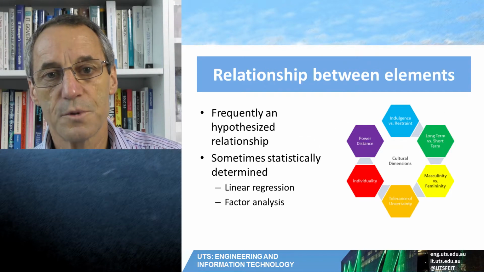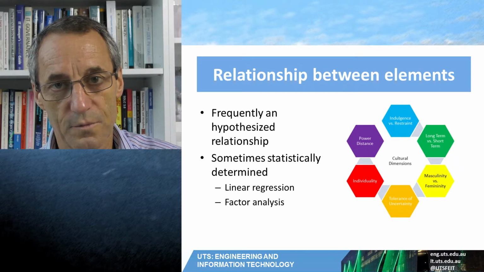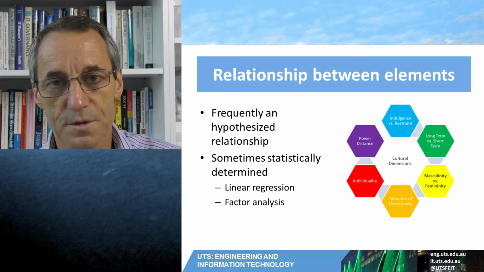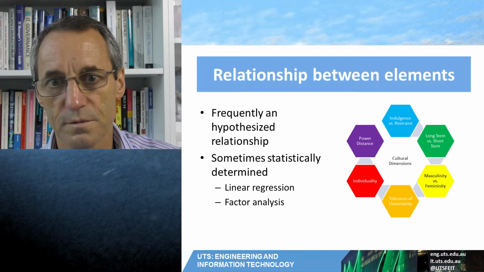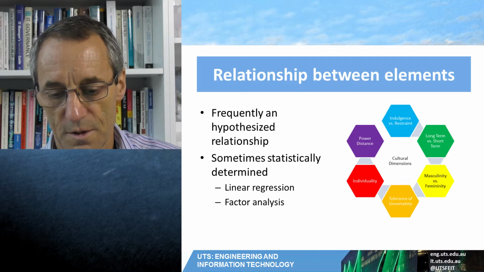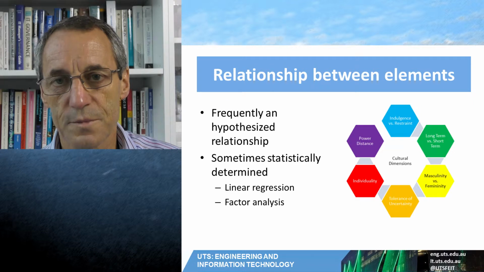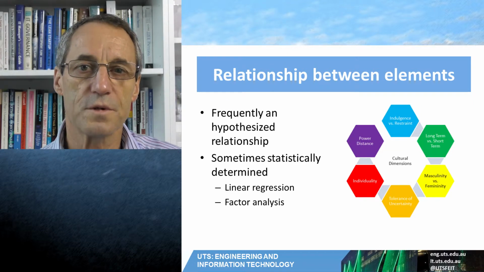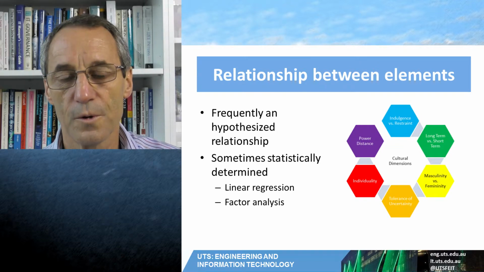Now the relationships between the elements, if you're interested, the picture there is the elements of Hofstede's cultural dimensions. The relationships among them, sometimes it's a hypothesized relationship, and we're trying to determine whether that relationship is true or not.